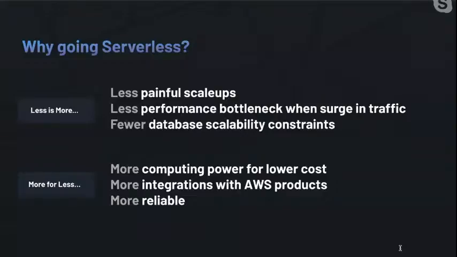So we also have more integration of AWS products. And in this case, there's also a con, which is you may be obviously way more reliant on AWS. Switching costs are definitely higher. But in our case, we didn't mind that because we see AWS as a long-term partner in our strategy.